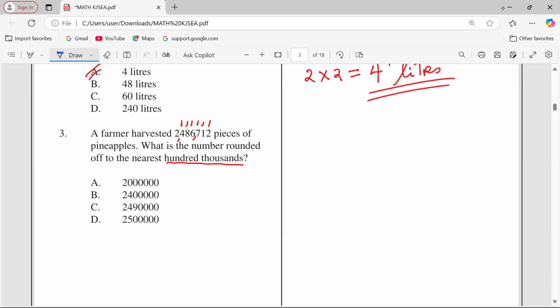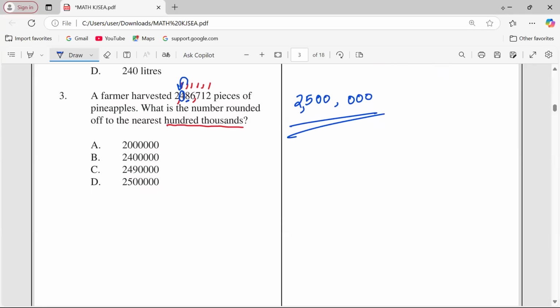We look at 8. 8 can increase 4 to 5. So it becomes 2, 5, and everything else becomes 0. So we need 2,500,000, and the right choice is D. So that's how we round off.